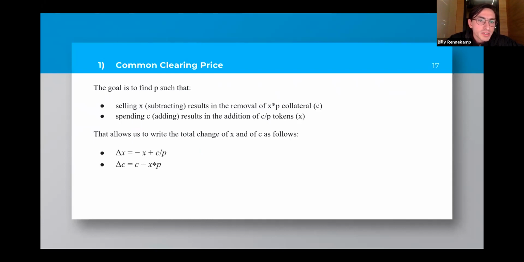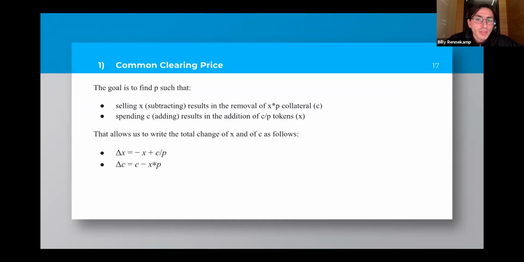So that while you're selling X tokens, you're subtracting those tokens, it'll result in the removal of X, that number of tokens, times price, that universal price. And that'll result in some amount of collateral. So that's the selling part. On the other side is the buying, which is spending some amount C collateral, which means that you're adding collateral.